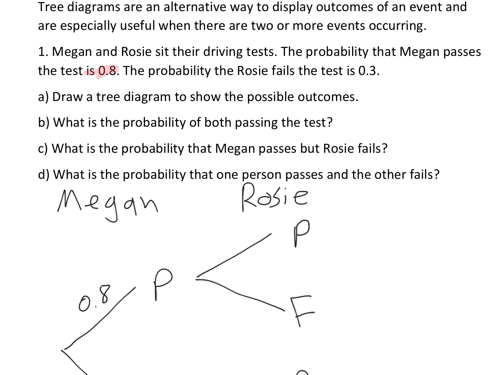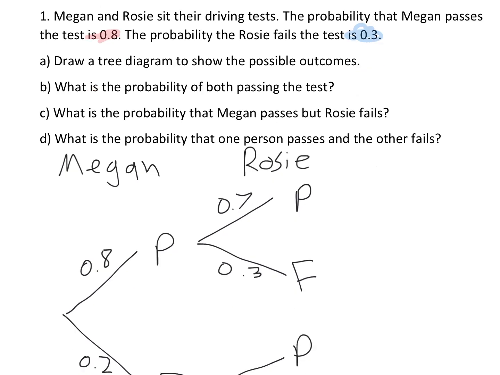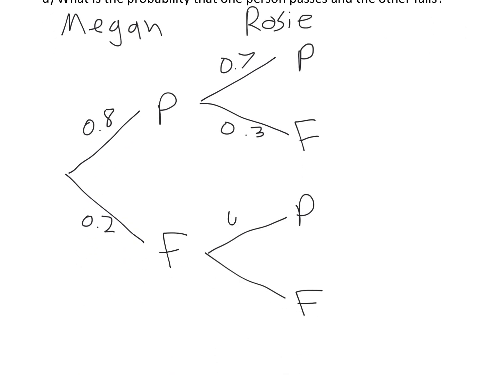Now it tells us the probability that Rosie fails a test is 0.3. So we can put 0.3 for the fail, which means the chances that she passes is 0.7. Notice again the probabilities are going on the branches, the outcomes are at the end.